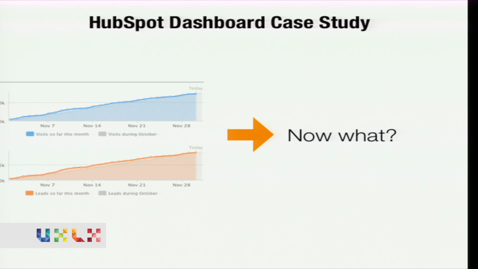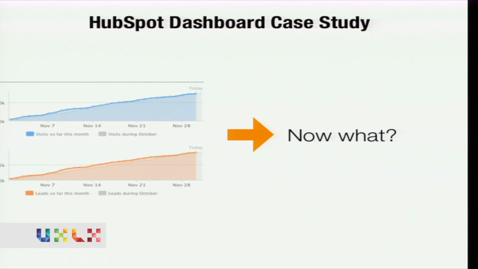If any of you have worked on an analytics tool or any tool with data in it, one of the real design problems is to make that data actionable. What are people going to use it for? People were asking, okay, my leads are down or my traffic is down, what do I do?